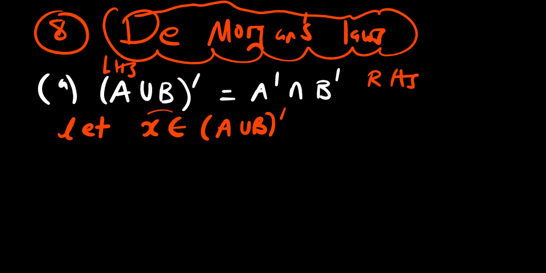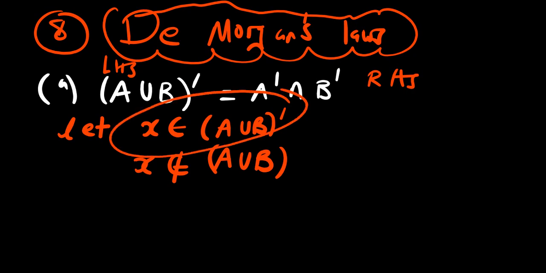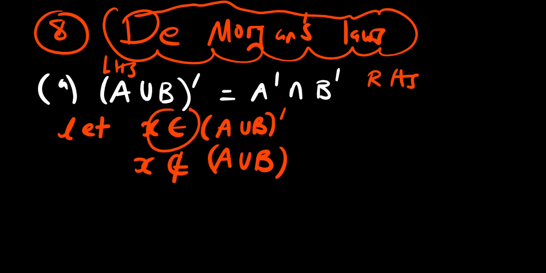If X is a member of A union B complement, meaning X is not a member of A union B. This is just the opposite of this expression. What I've just changed is, if X is a member of a complement, meaning X is not a member of what is found in that set. So that's what I've just written. Hope we are good on this one.